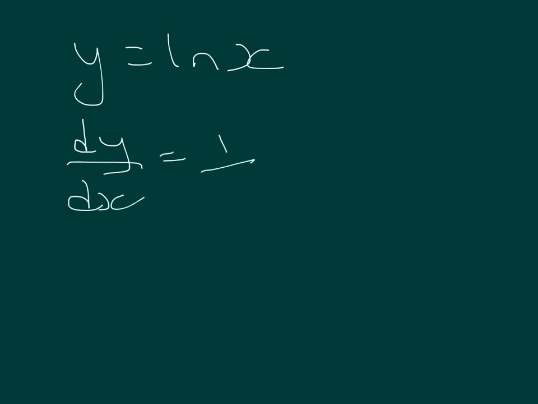So this means we have proved if y is equal to ln x, dy by dx is equal to 1 over x. And this is a very important result that we're going to be using a lot, so it needs to go into your notes as a key fact.